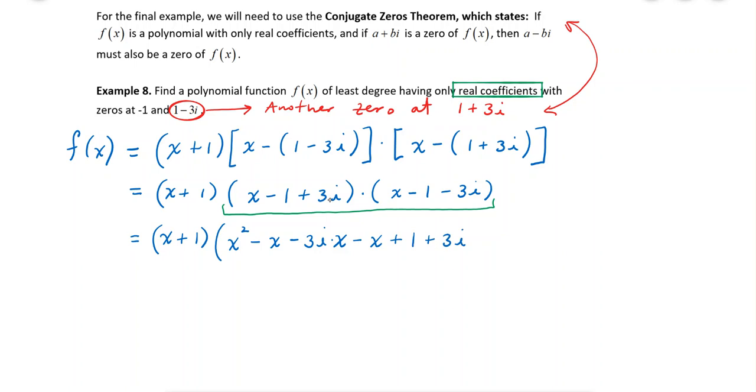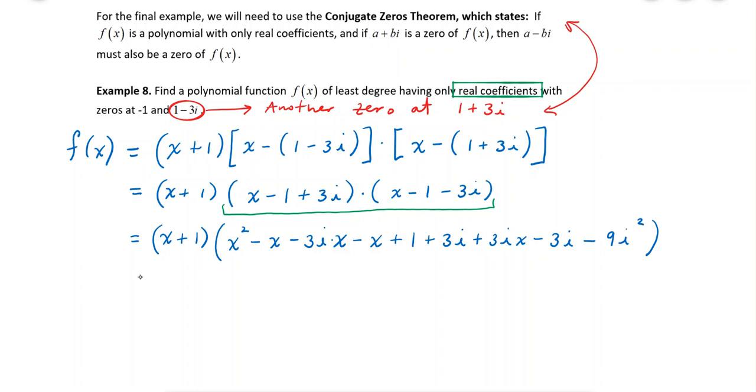And then I'm going to multiply the 3i times each of these three terms, and I'll get plus 3ix minus 3i minus 9i squared.